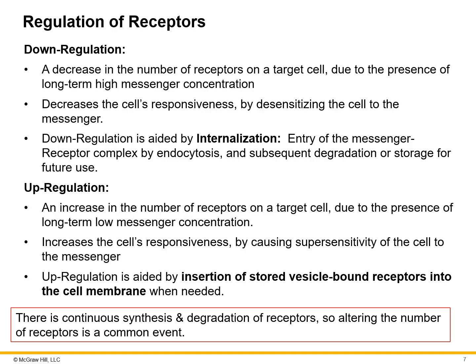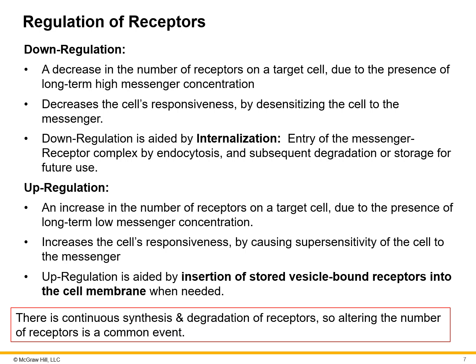How do you regulate a receptor? How do you determine whether a receptor is going to respond or not respond? Downregulation is one way to regulate receptors, and that's where there is a smaller number of receptors on the target cell.